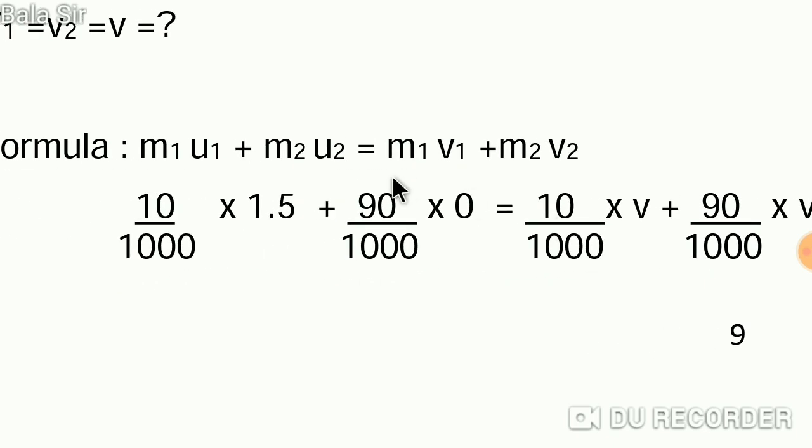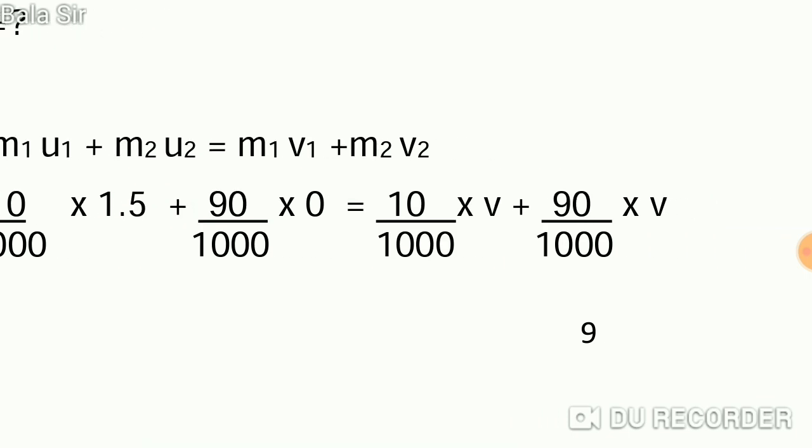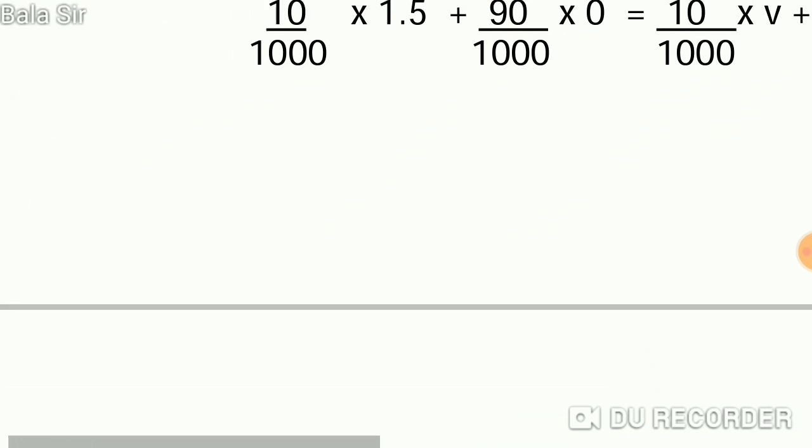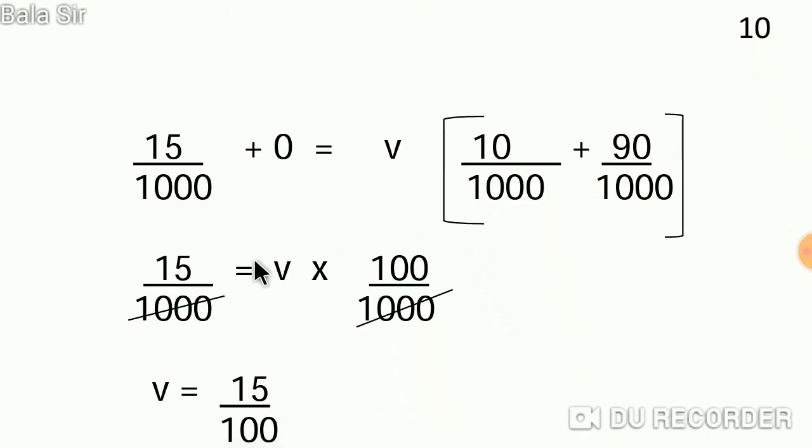Here 90 upon 1000 into 0 is 0. 1.5 into 10 is 15. Here V and V are both common. So 15 upon 1000 plus 0 is equal to V common.